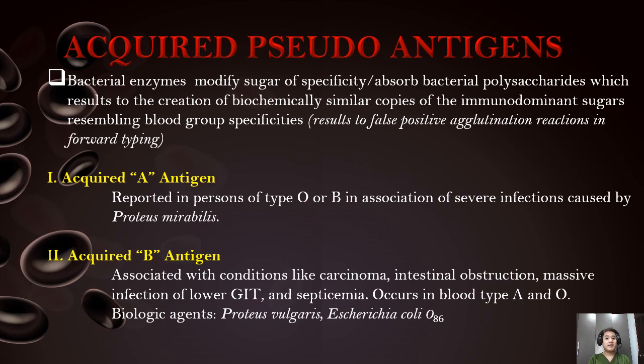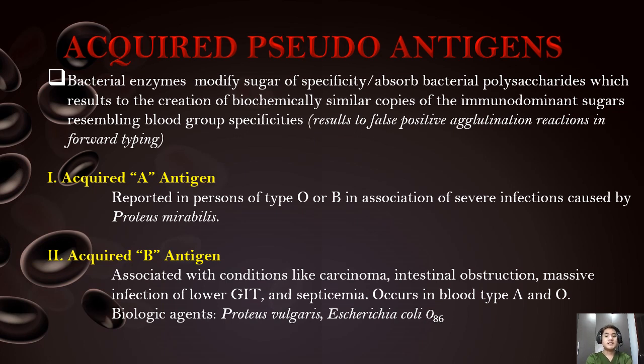And what we mean by that is it also mimics their reactivity to your anti-B serum, most specifically during your forward grouping, which means that they will result in false positive reactions or cross-reactivity on your forward typing.